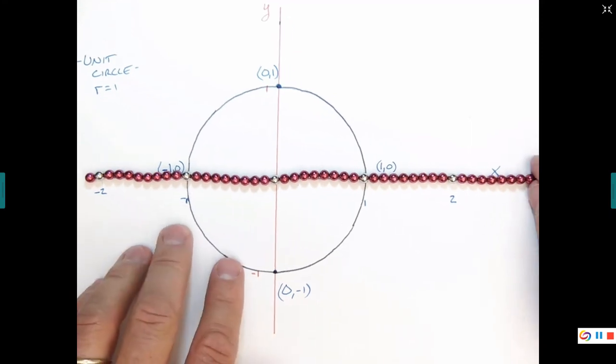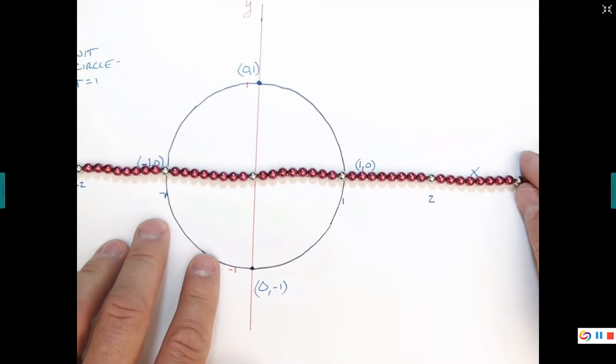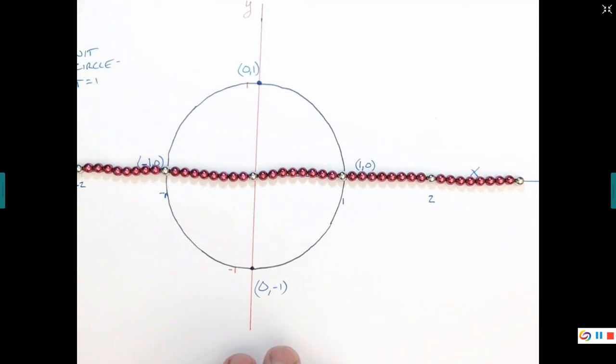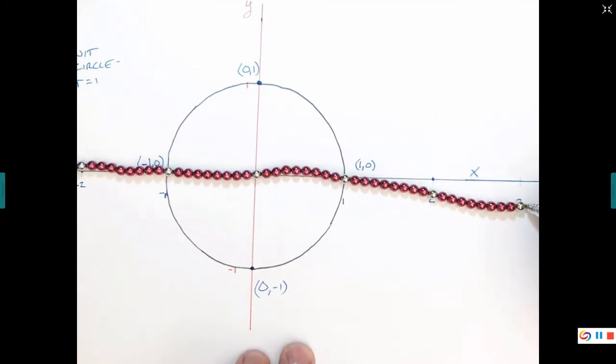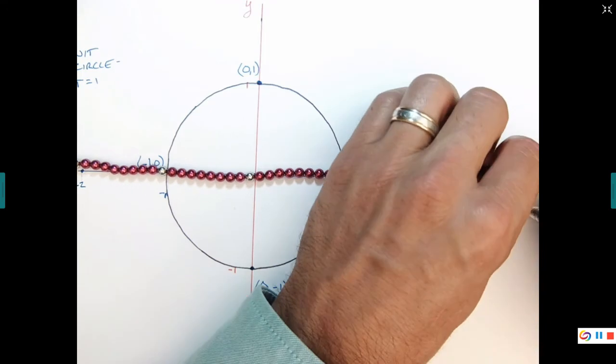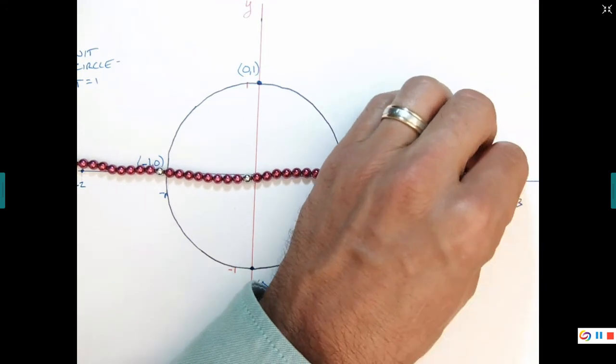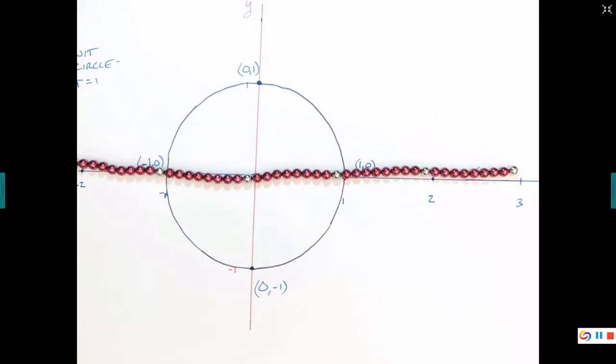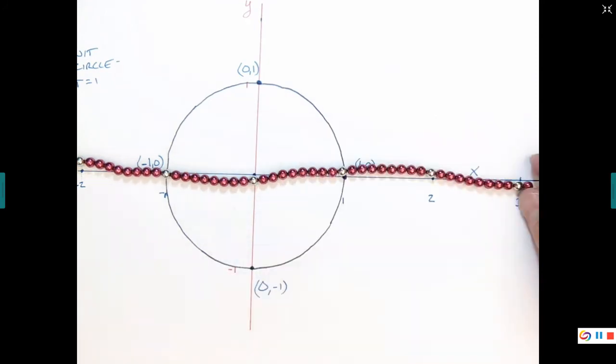Might even have a little more room over here. Oh yeah, I've got another one. Well, let's mark this one 3. I told you they were powerful. And if there were more, which there would be because it goes on forever, I could just keep putting on magnets, like so.